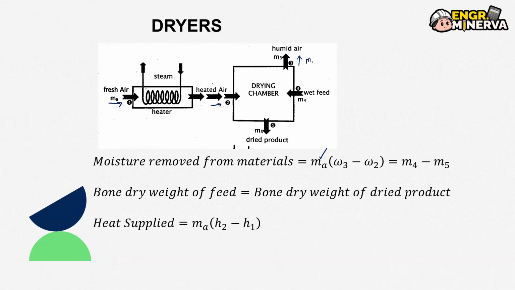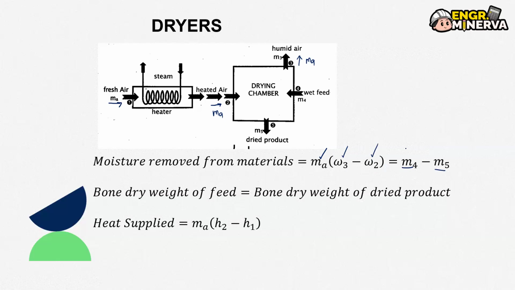This is MA. This is MA. So that would be W3. It means that would be the humidity ratio of 3 minus the humidity ratio of 2. And that is also equal to the change in mass of our feed or our product.